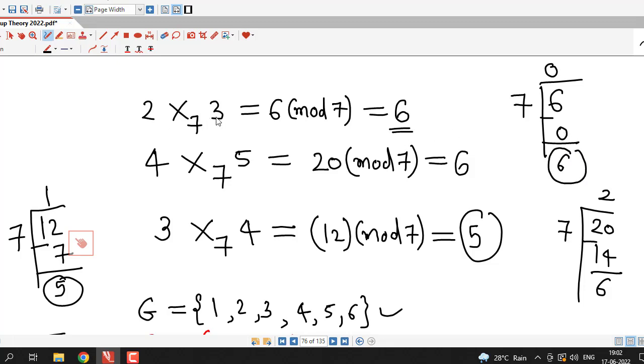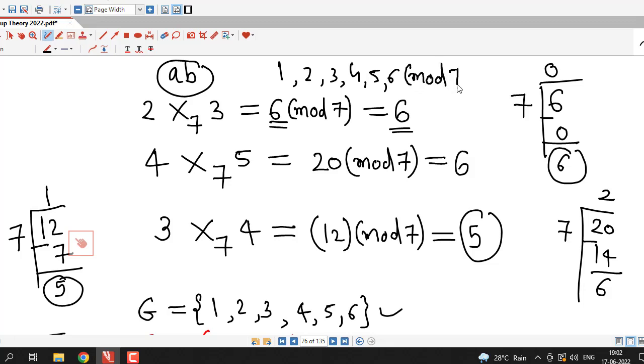So whenever this product A into B is less than 7, we will write it as it is. For 1, 2, 3, 4, 5, 6, whenever we have integers less than 7, we write them as they are: 1 modulo 7 equal to 1, 2 modulo 7 equal to 2, 3 modulo 7 equal to 3, and so on up to 6.